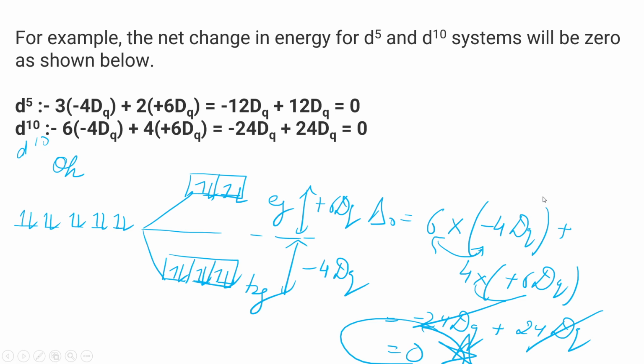So for d5 and d10, that's how we calculated the value for high spin complexes.